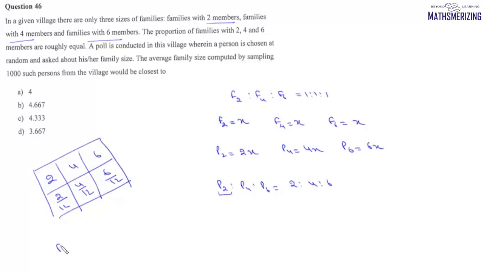Now if we find the average value of this random variable x, which is the size of the family, it will be 4 by 12 plus 16 by 12 plus 36 by 12, so it will be 56 by 12, which is nearly 4.667, and that's your option number B.